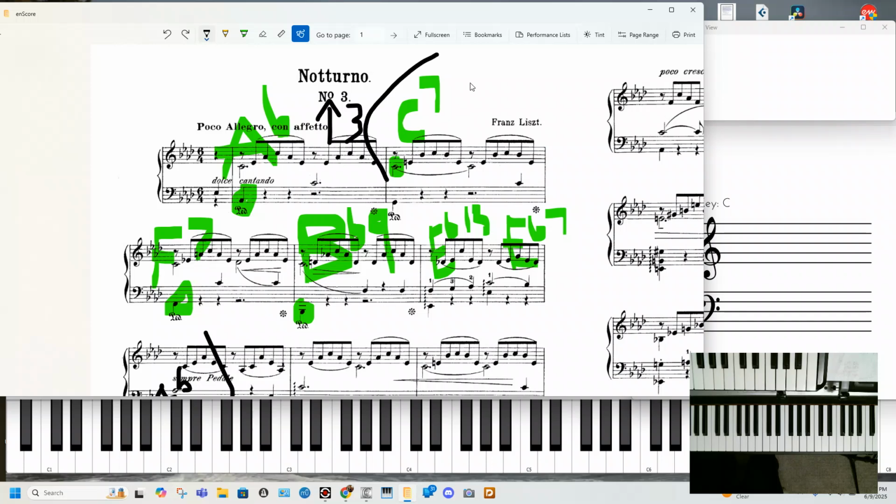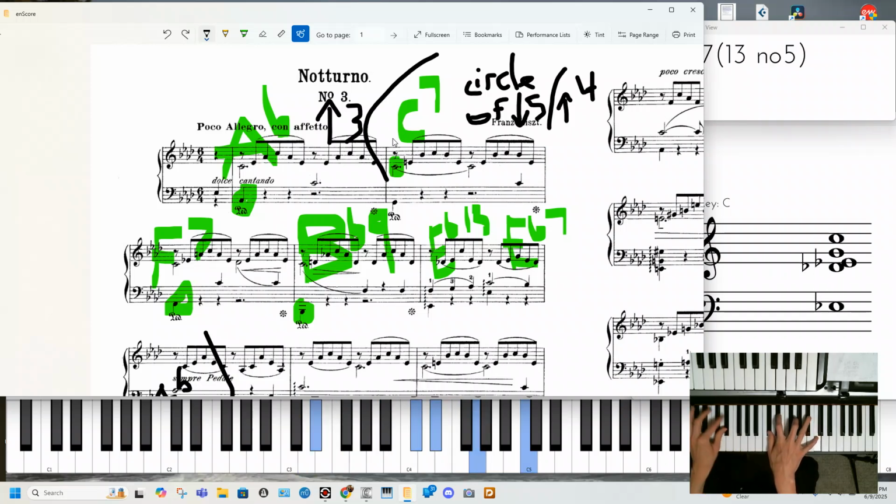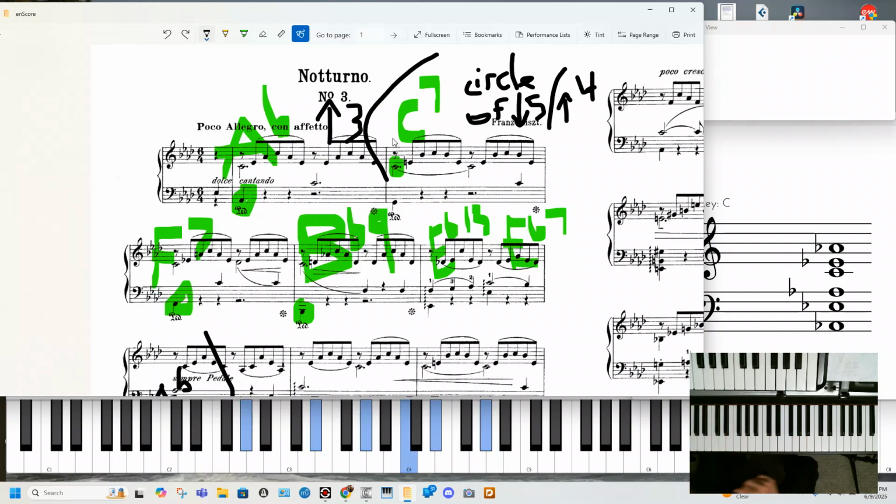And this is an up 4, down 5, up 4, down 5. So this is just a circle of, and this is important, descending fifths, or if you prefer, ascending 4ths, right? Same thing. And so, without a doubt, Franz Liszt conceived of this piece to some degree, if not fully, harmonically.